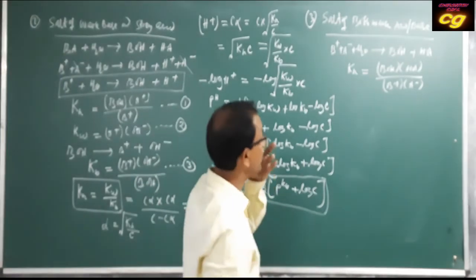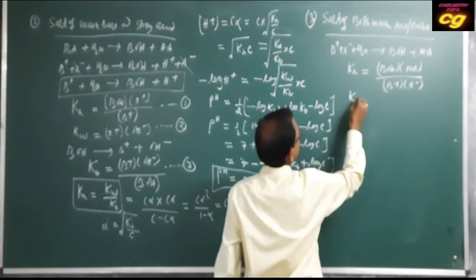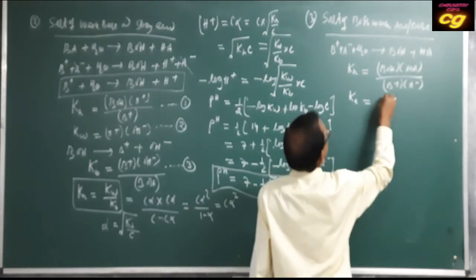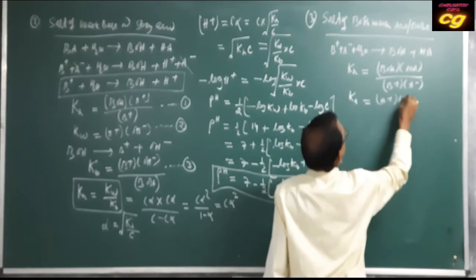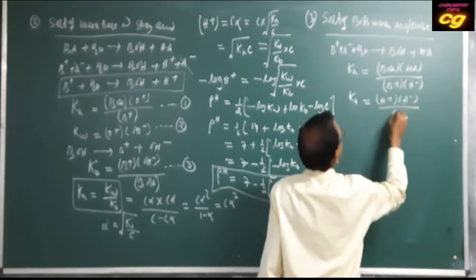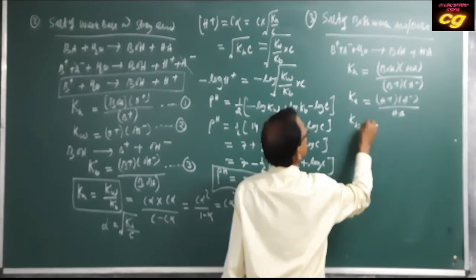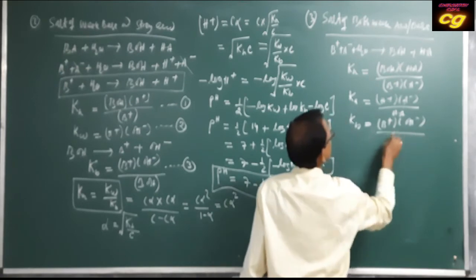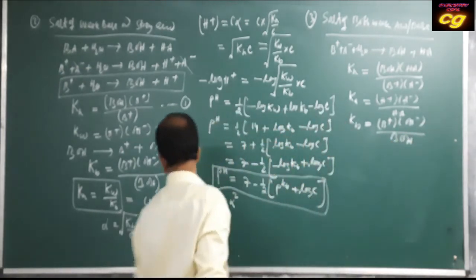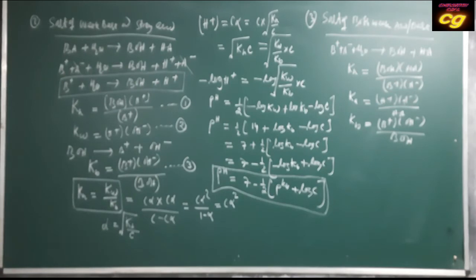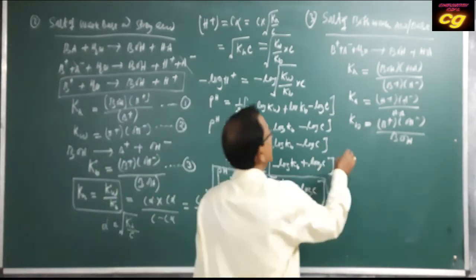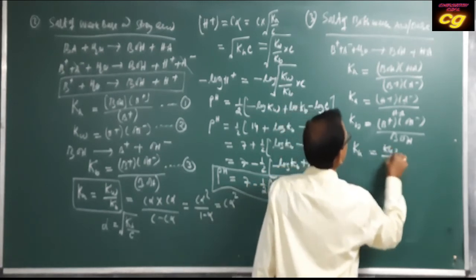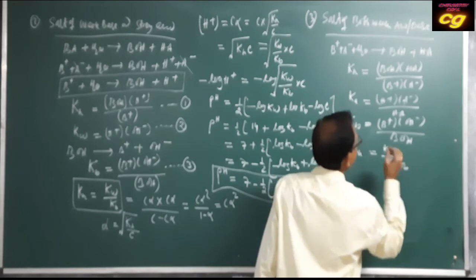But already we know Ka is equal to H plus concentration into A minus concentration upon HA, and Kb is equal to B plus concentration into OH minus concentration upon BOH. If you derive this, the result will be KH is equal to KW by Ka into Kb.